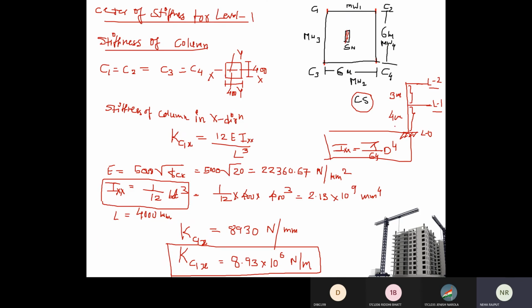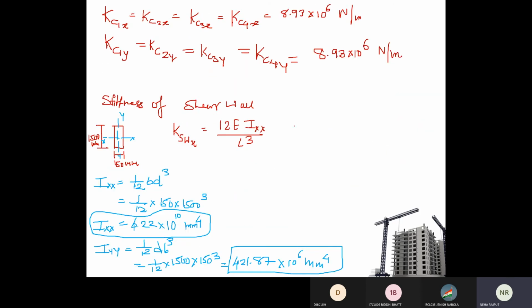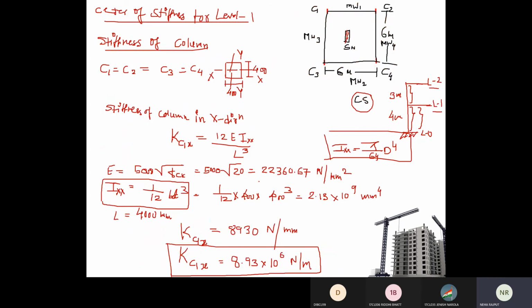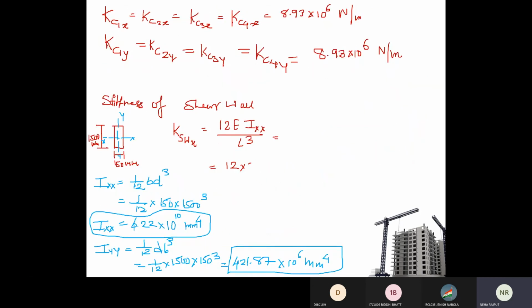What about length? Length of the shear wall will also be 4 meter. Right. So you need to put these values in this equation. So 12 into E is again 22360.67. Ixx is 4.22 into 10 raised to 10 divided by 4000 cube. So place shear wall in X direction.